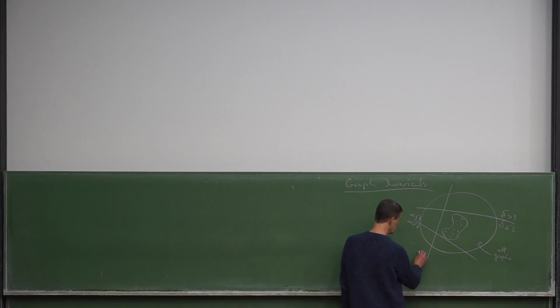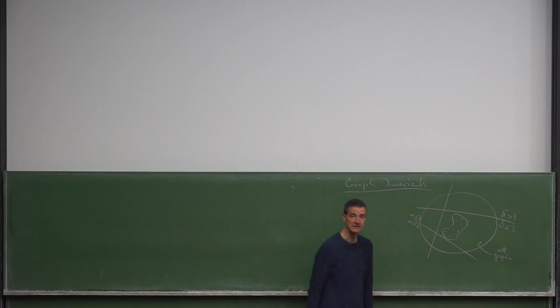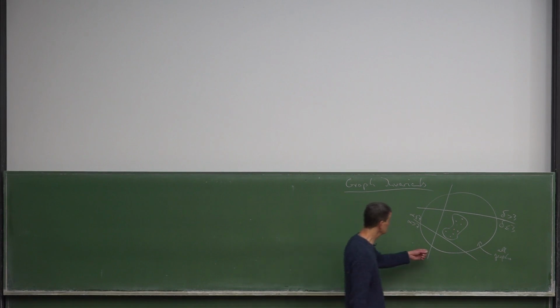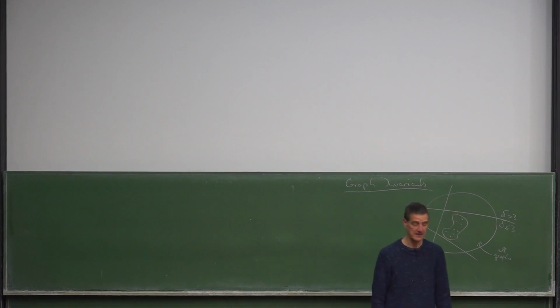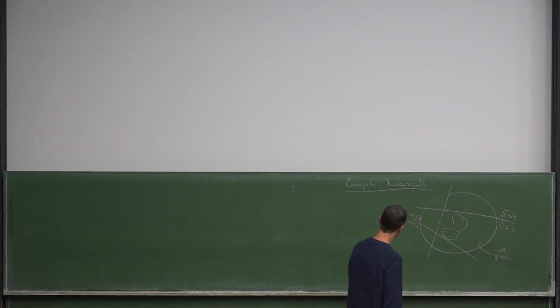Or, for example, here, I don't know, we might be assigning a group, and these graphs might have an abelian group, and these might have a non-abelian group assigned to them, or whatever. All right? Okay.